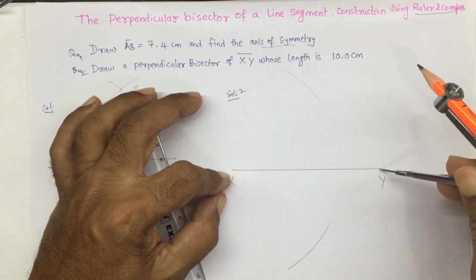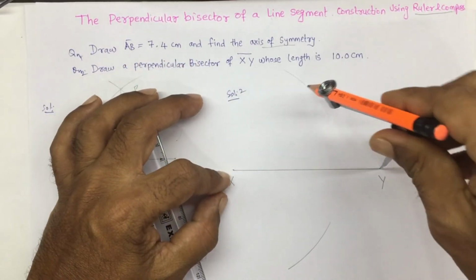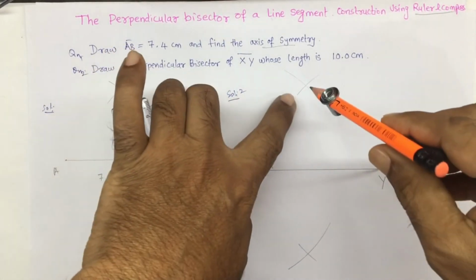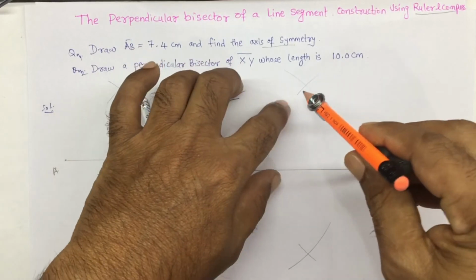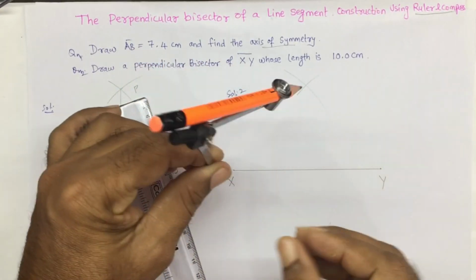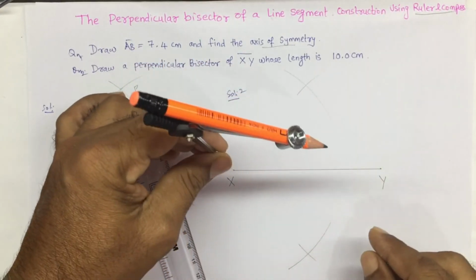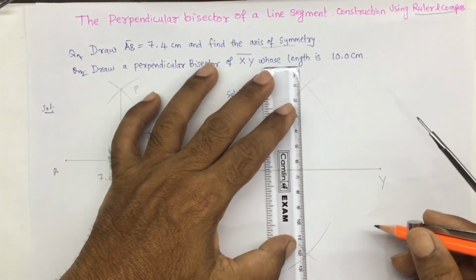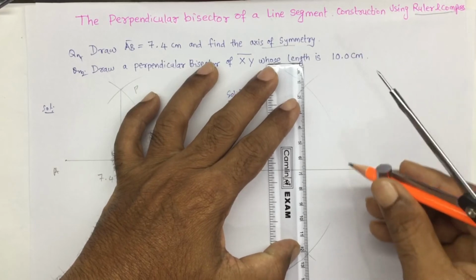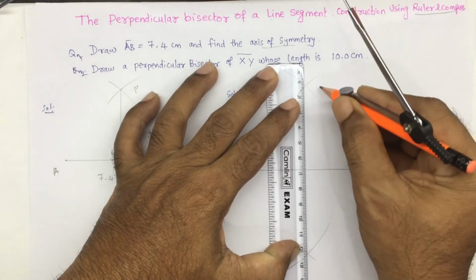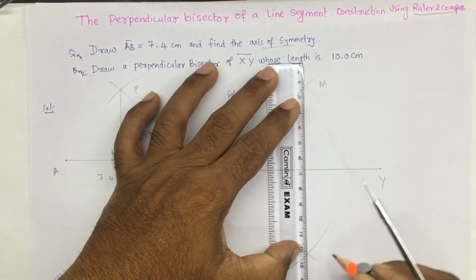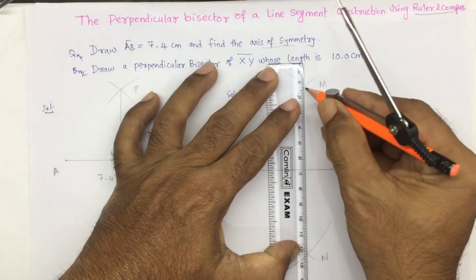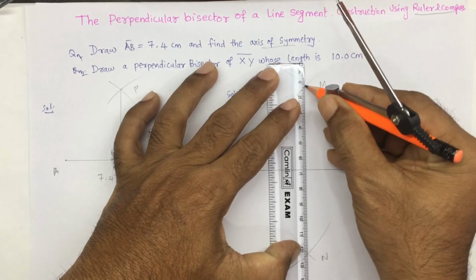From X, same way you can continue from Y also, and it must cut the previous arc. If it is not intersecting, you have to extend the arcs which you have drawn earlier. So here they have intersected. Now join these 2 points, let us assume this is M and this is N, and join M and N carefully.